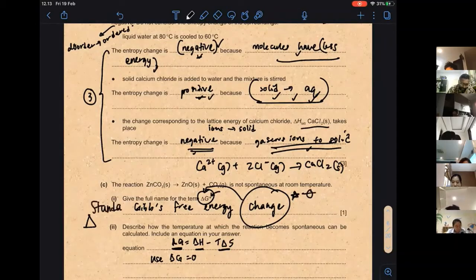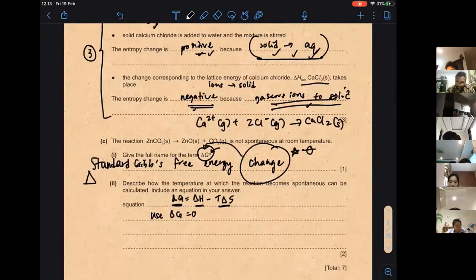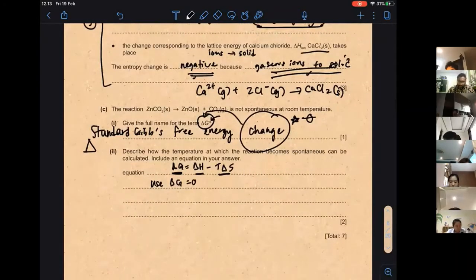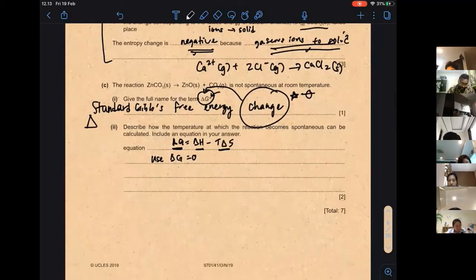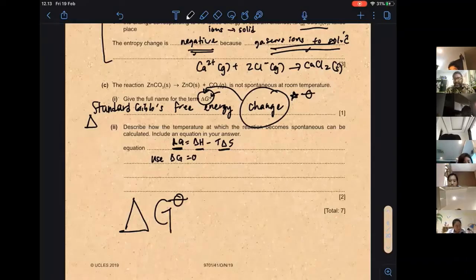So the full name is standard Gibbs free energy change. Please take note of how to define them. This is triangle, it's a change, Gibbs free energy. This is standard. So it's going to be standard Gibbs free energy change.